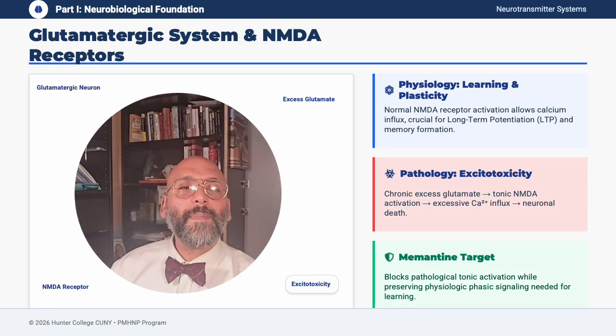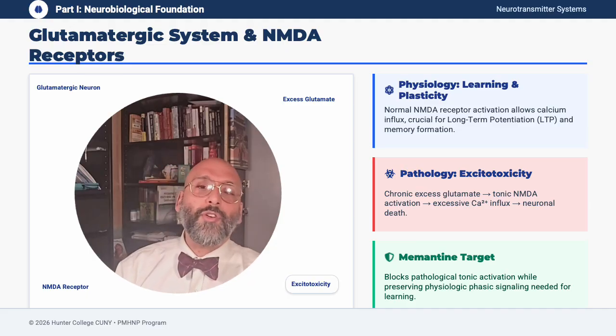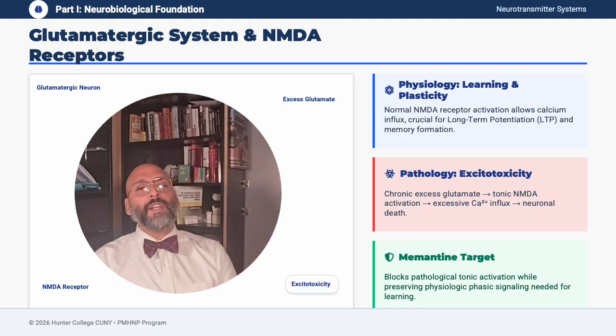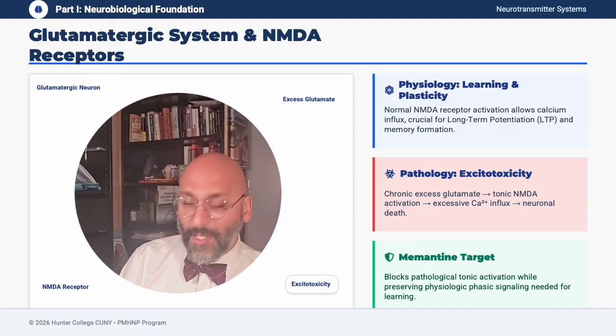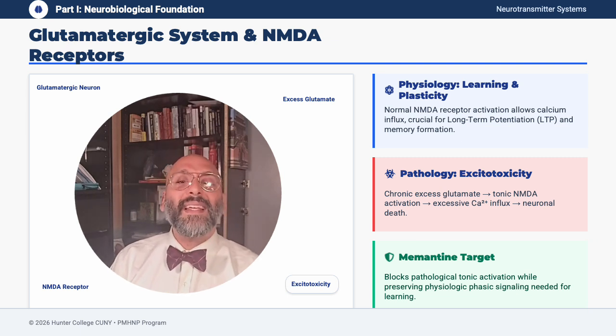All right, let's talk about glutamate. This is the brain's primary excitatory neurotransmitter. And the NMDA receptor sits at the center of learning and memory. So under normal conditions, NMDA receptor activation allows calcium influx only when neurons are appropriately depolarized.